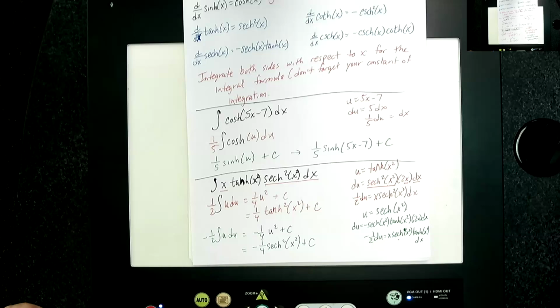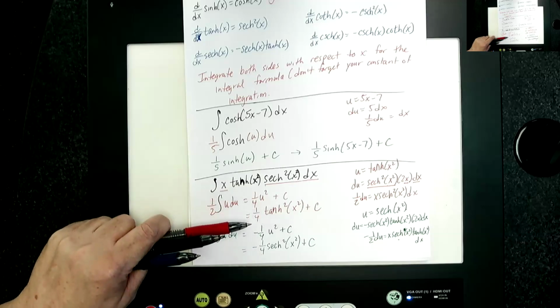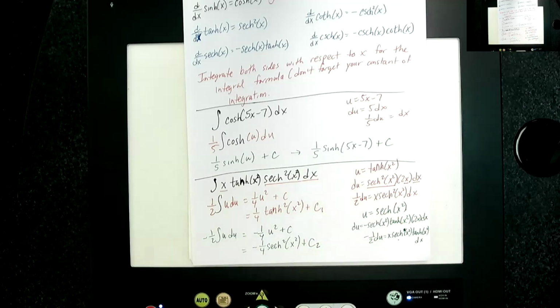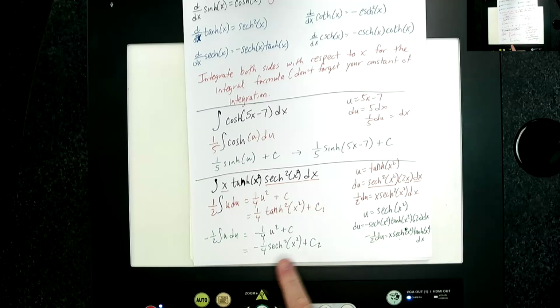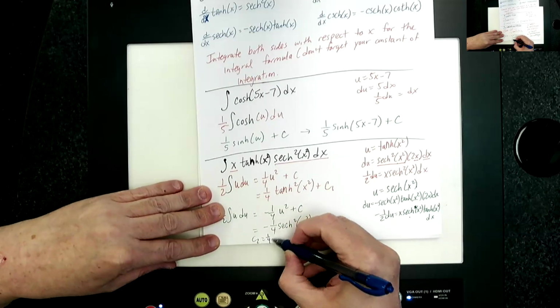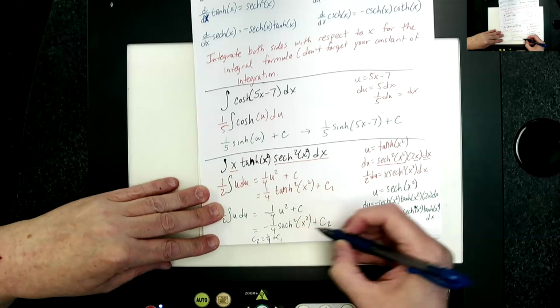Those look drastically different, don't they? There is a function that relates them though. And maybe it would help if I put C1 and C2 here to point out that those constants are going to be different. If I throw in a 1/4, wait, which one has it? We had 1 minus tanh. If I put a 1/4 here, I have 1/4 C2 equals 1/4 plus C1.